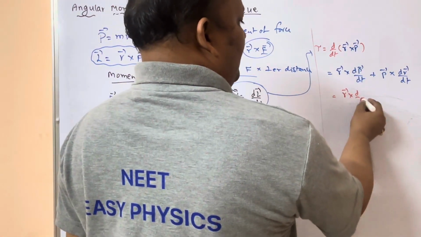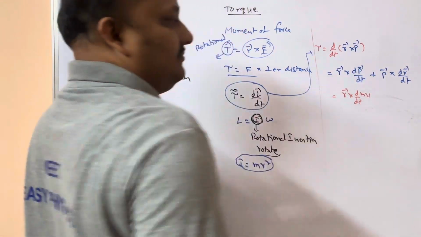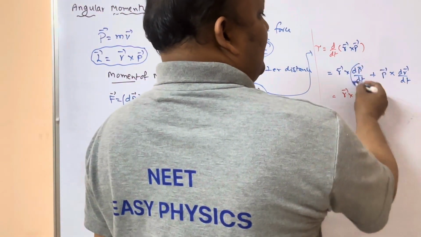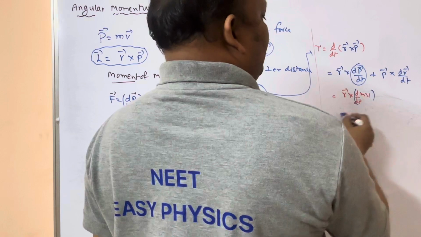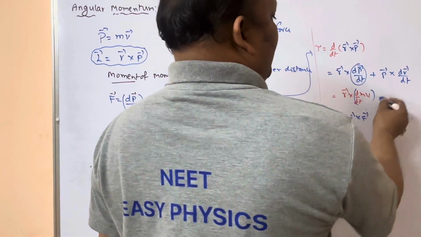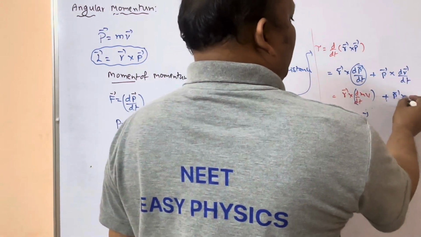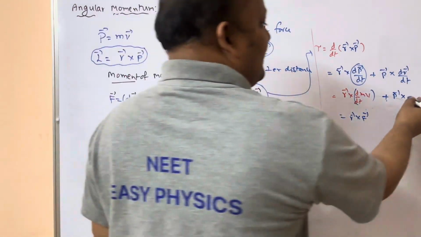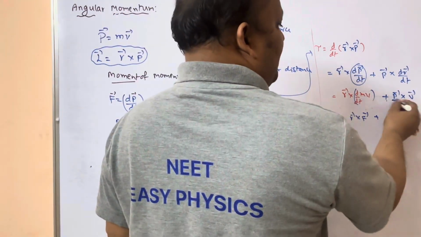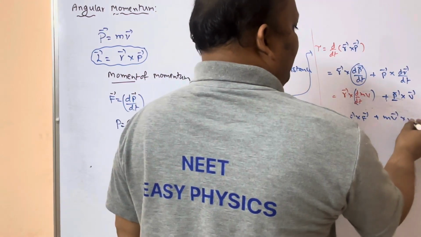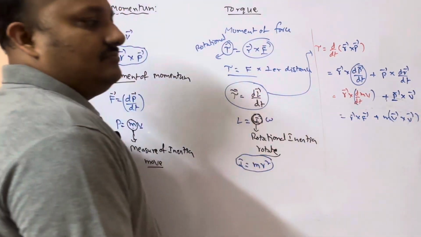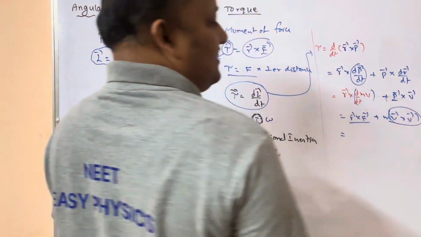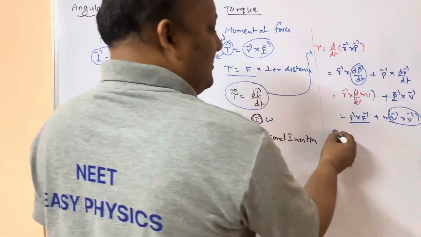So r bar cross d by dt of mv, which we can simply write as r bar cross F bar plus p bar cross dr bar by dt. What is dr bar by dt? v bar. So p bar can be written as m v bar cross v bar. So v bar cross v bar is 0. So this is going to be r bar cross F bar.